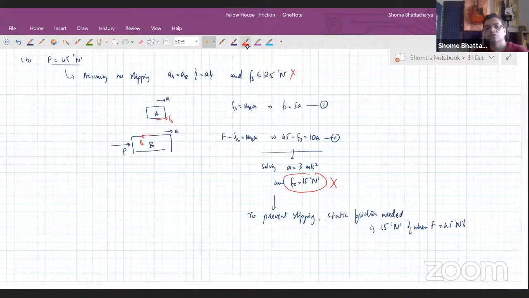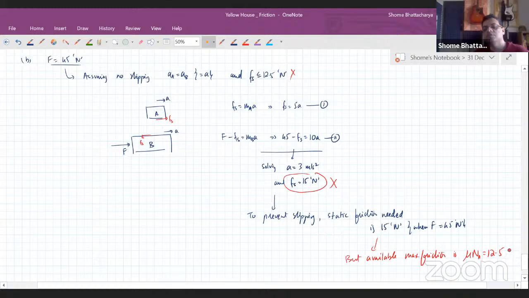But this is not possible, as the available maximum friction is only 12.5 newtons. So therefore friction cannot prevent slipping.